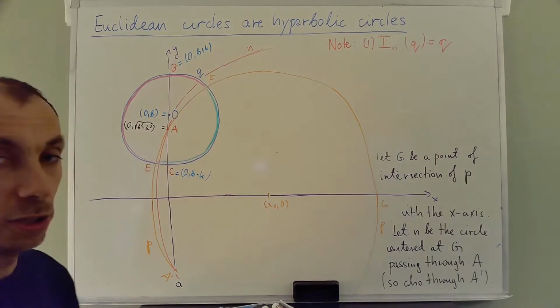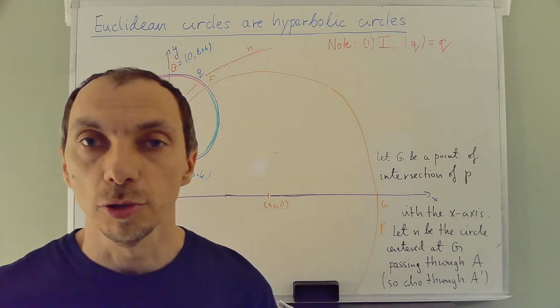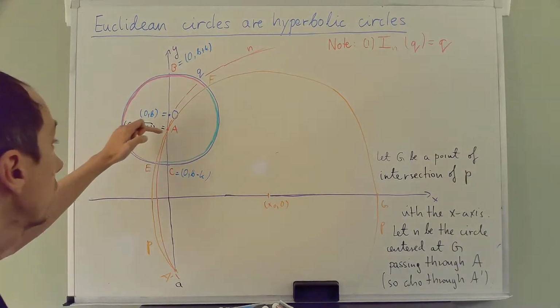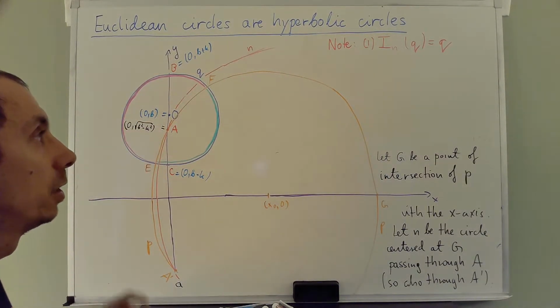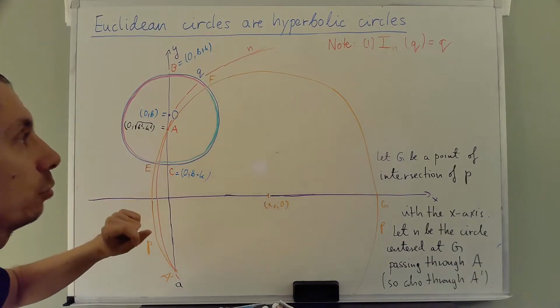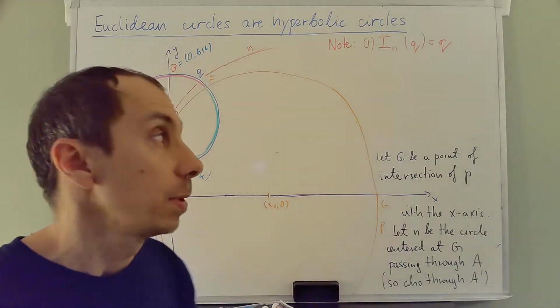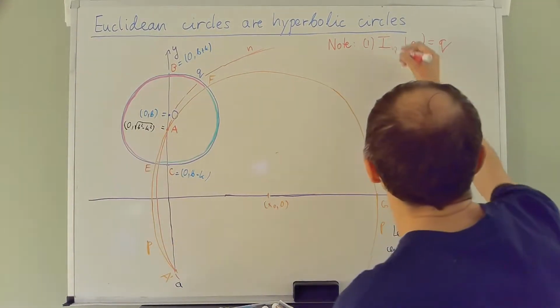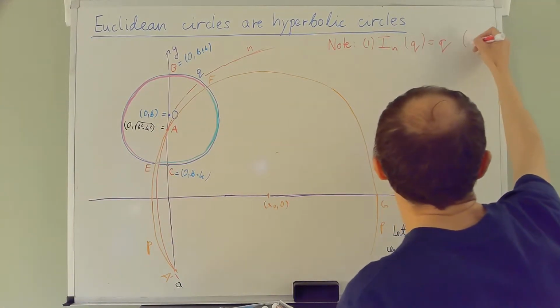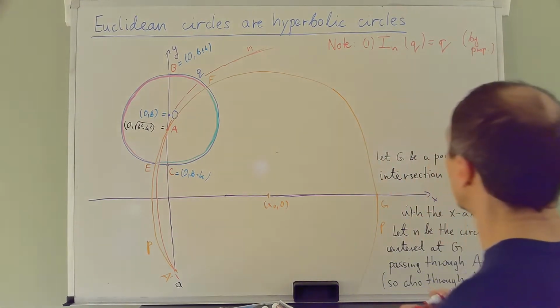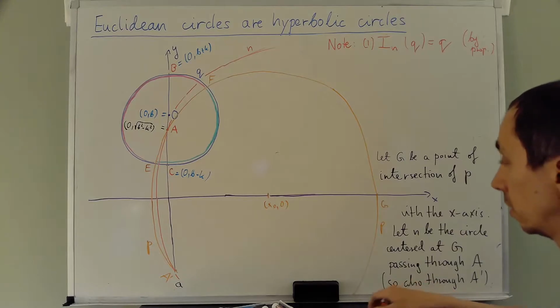Because the proposition essentially said, take any circle centered on the x-axis that passes through A, and then the inversion with respect to that circle of the circle Q is Q back. So I'm applying this proposition again, but this time for N. So this is by proposition. So that's one thing to note.